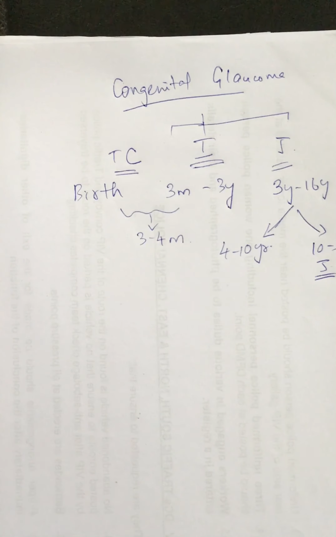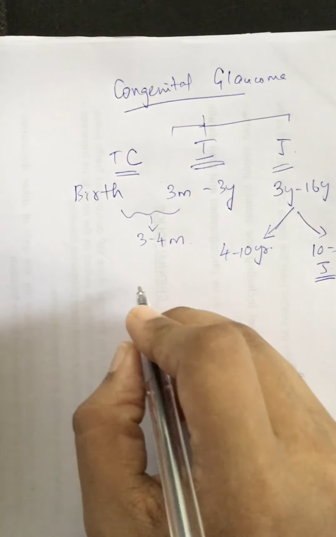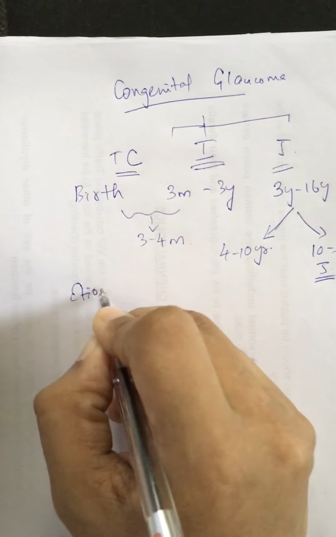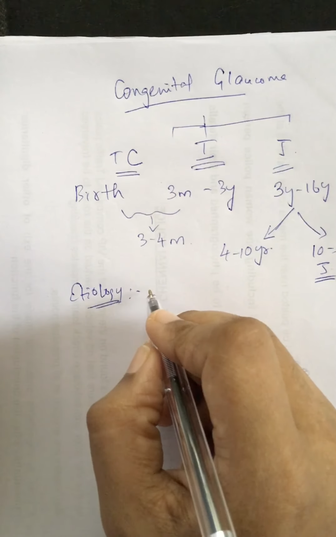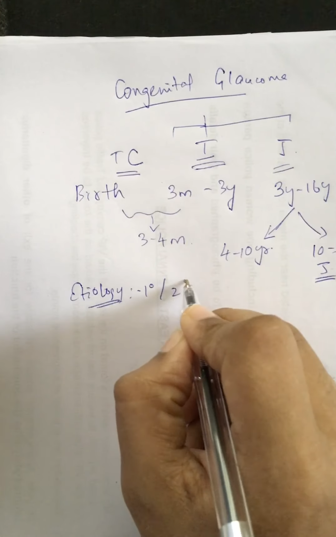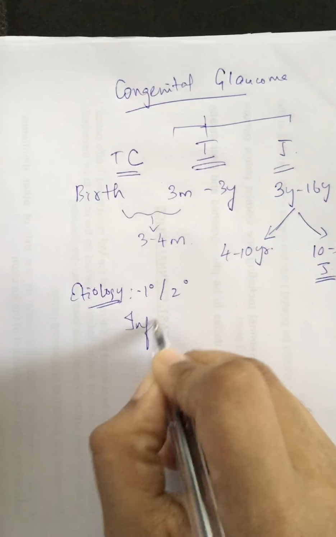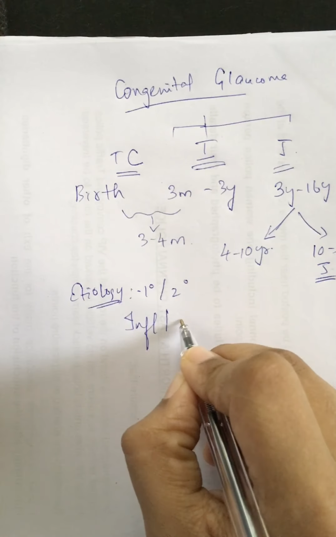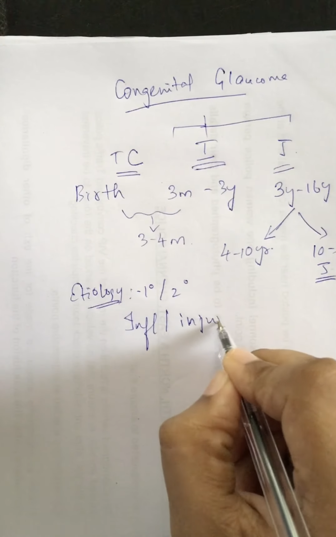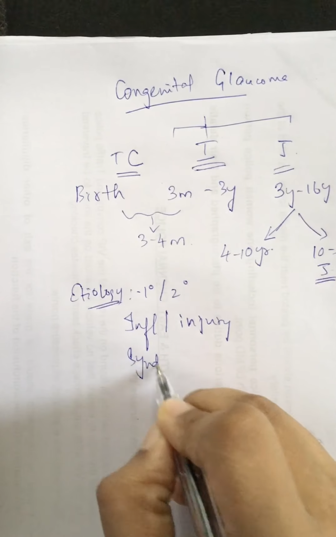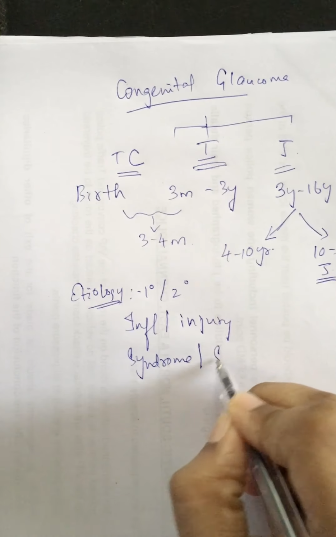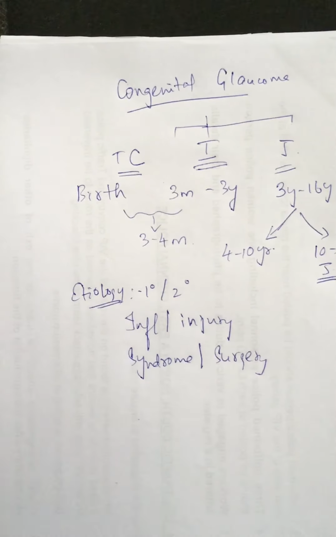So let's take a very quick view of the etiology of it. Etiology of congenital glaucoma includes, it's either primary or secondary. It's due to an inflammatory reaction, or some sort of an injury, or a syndrome, or a surgery. So it's going to be one of them.